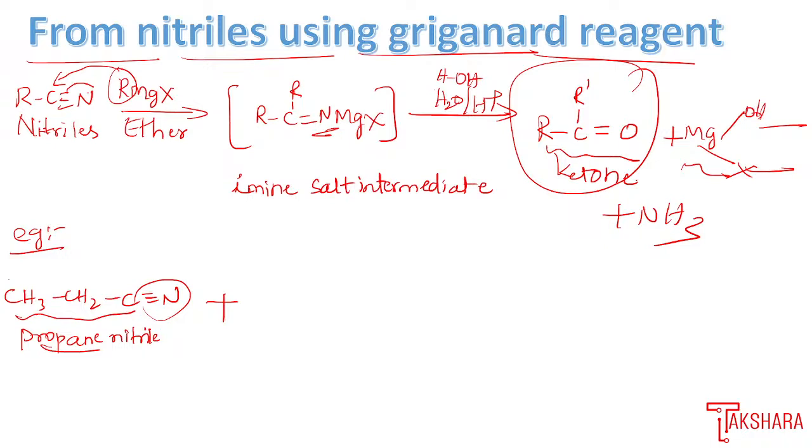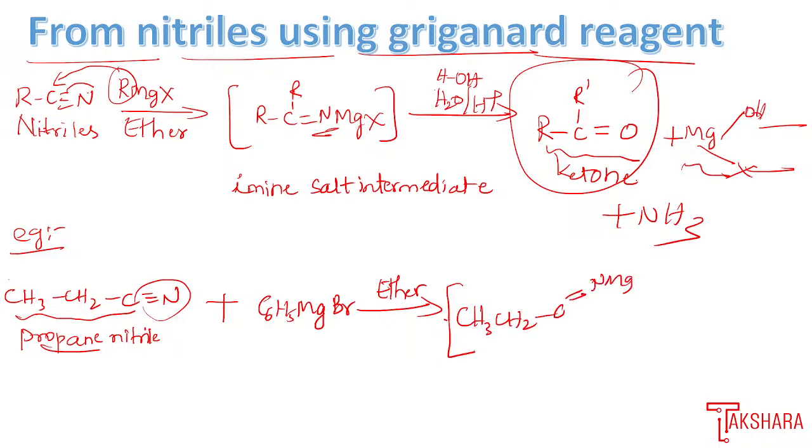That is C6H5MgBr in the presence of ether solution. First a complex formation happens, that is CH3CH2C double bond NMgBr.